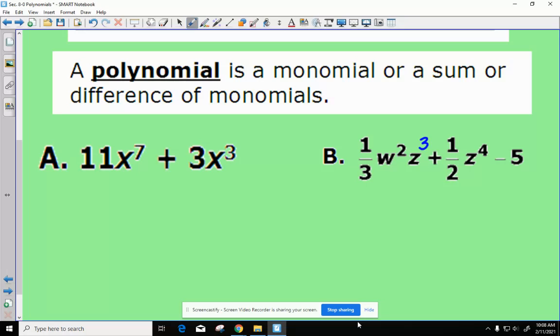Because this term at the beginning has a w squared and a z to the third. Together, those two give that degree a 5. Now, I'm not changing it to a 5, okay? But its degree, what it has the most of, is 5 in that one.